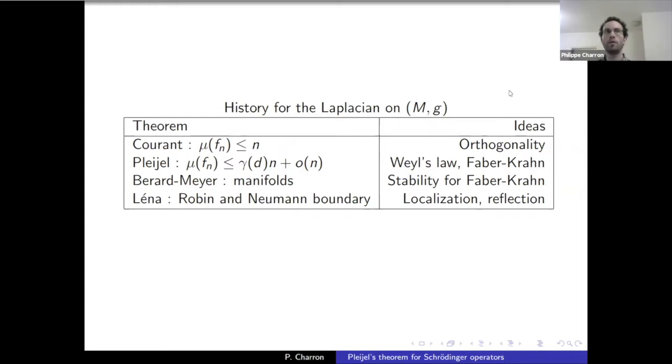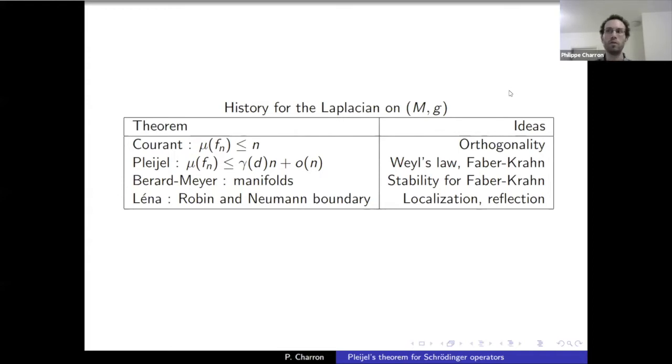If your nth eigenfunction had more than n nodal domains, you can construct at least n plus 1 test functions which are orthogonal to f_n. So it pushes the index of the eigenvalue up, so it has to catch up with itself.